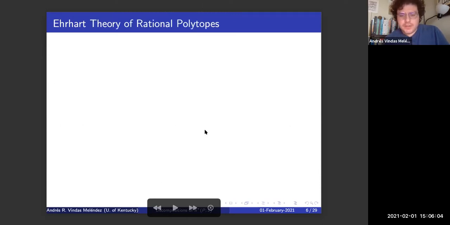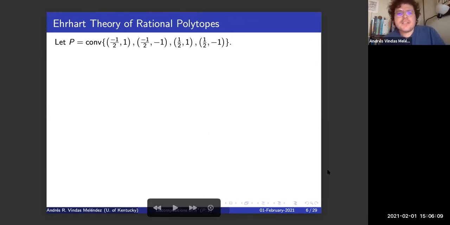Okay, so let's do a small example. Let's take the convex hull of these 4 points. For those who might need some practice, what shape does this give us if we take the convex hull of these 4 points in the plane? A rectangle? Yeah, it gives us a rectangle.